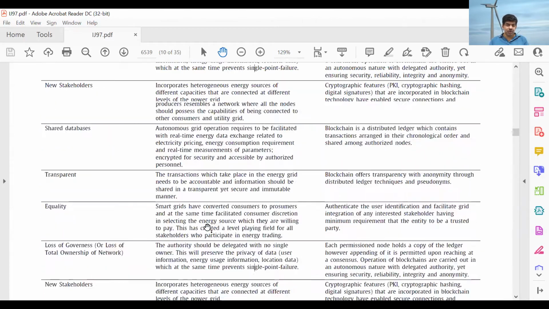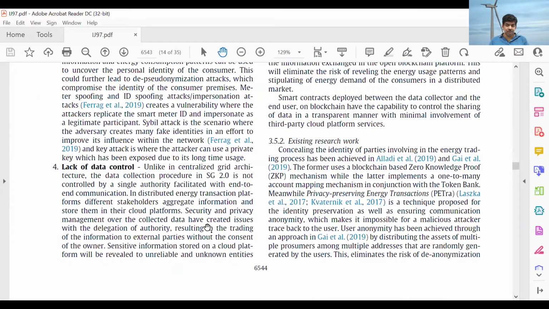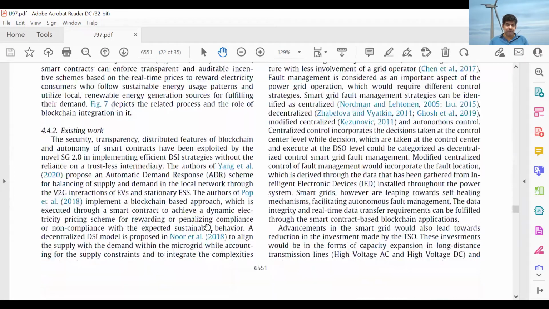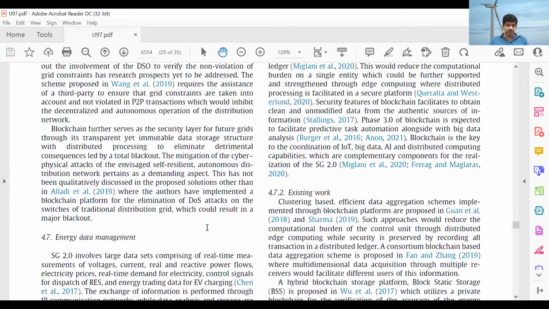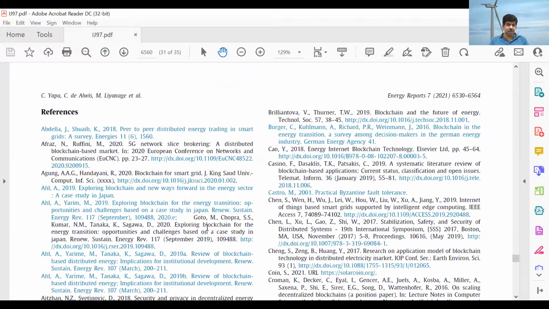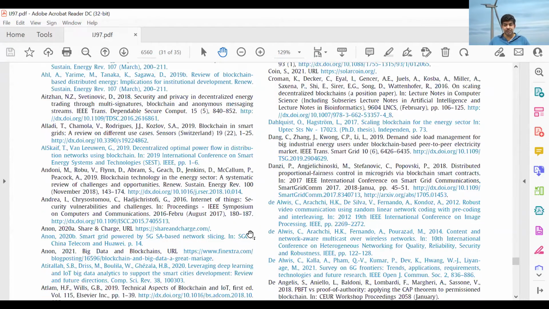And then there is the number of papers you need to add into a paper like this. So here you can see that these are all references.